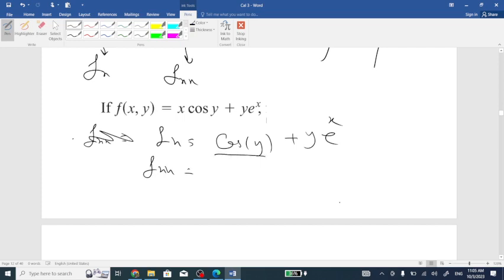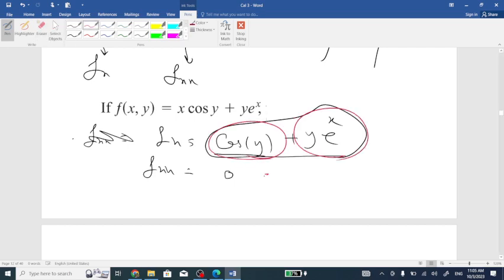So it will be 0 plus e to the x. The first x means find the partial derivative of here by x. Am I right? Clear.